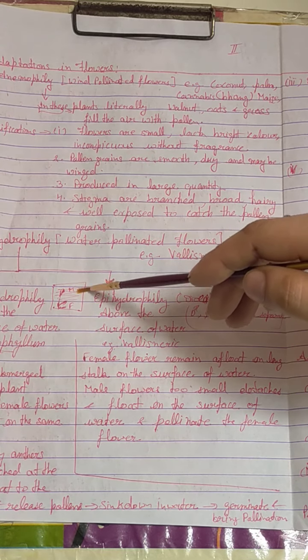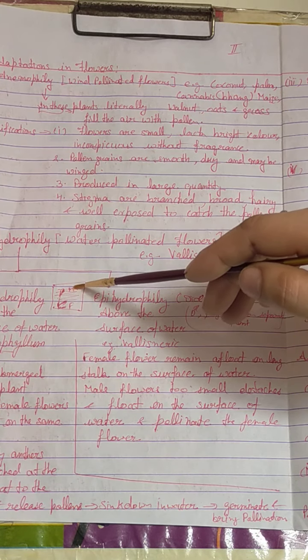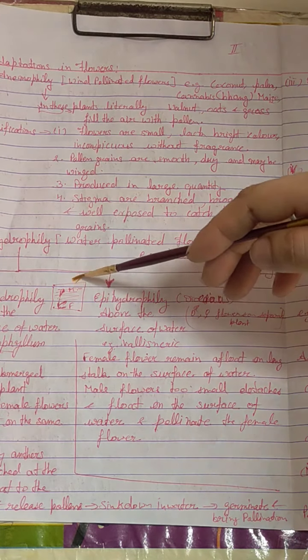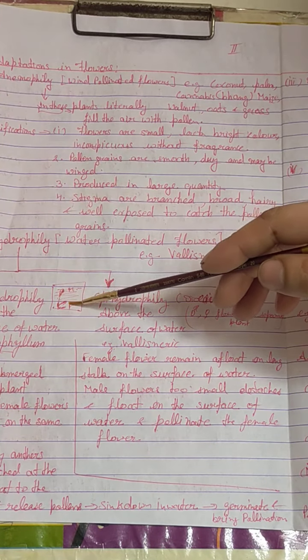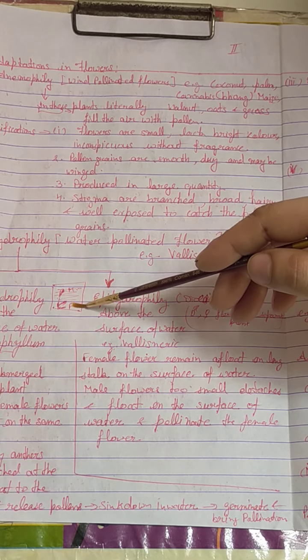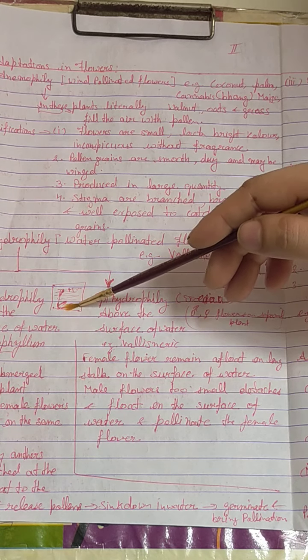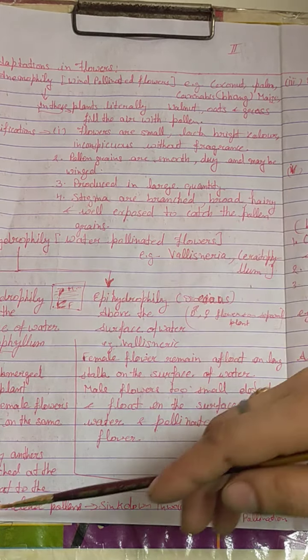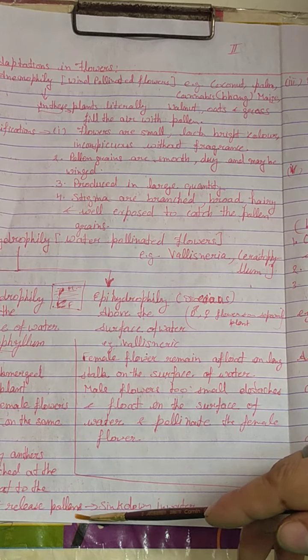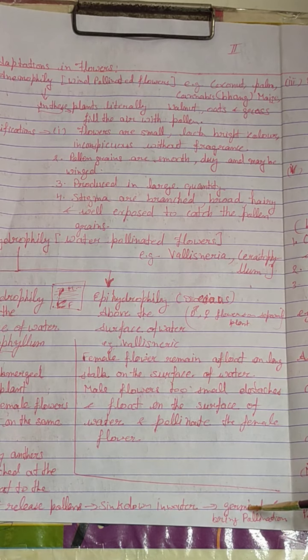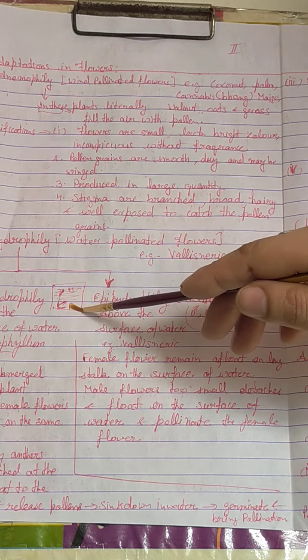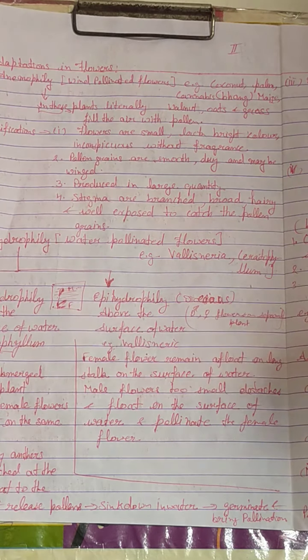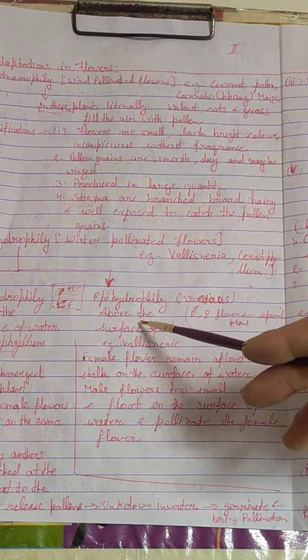They float on the surface of water, and then sink down in the water, reach the female flower, germinate and pollinate it.